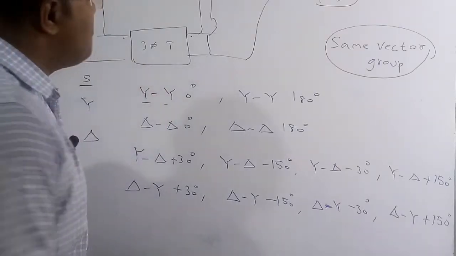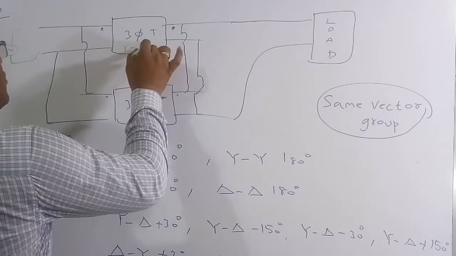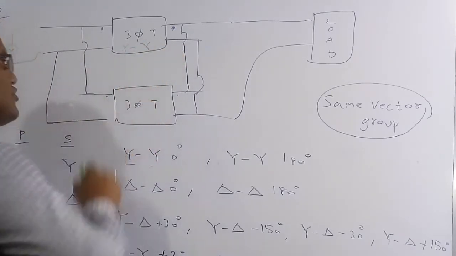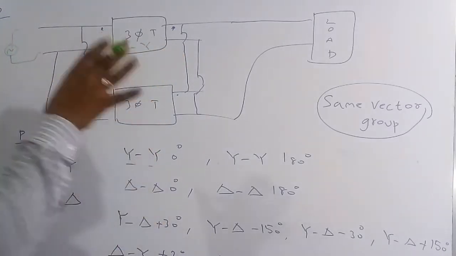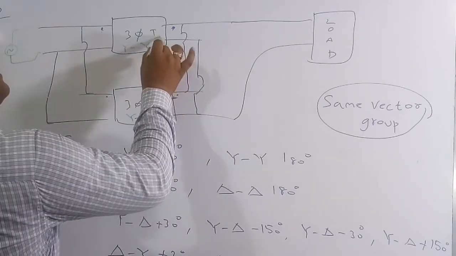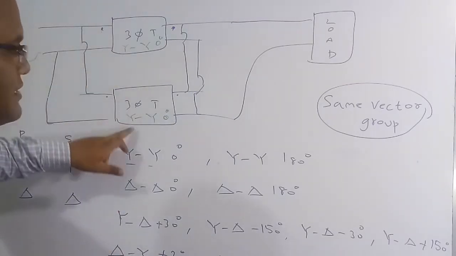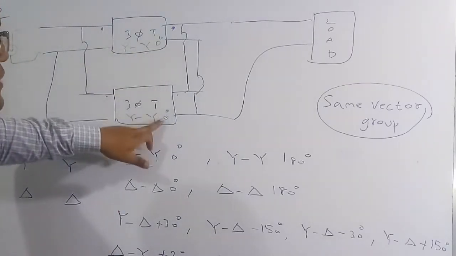Suppose this three-phase transformer is a star-star connection. Then the other three-phase transformer for parallel operation should also be in the same category, star-star. If here it is 0 degree, here also it has to be 0 degree. So it has to be the same vector group and also the same phase sequence.